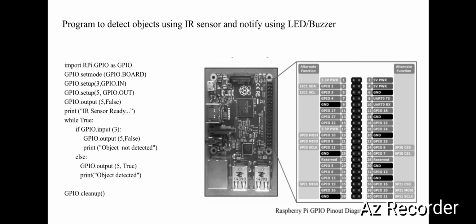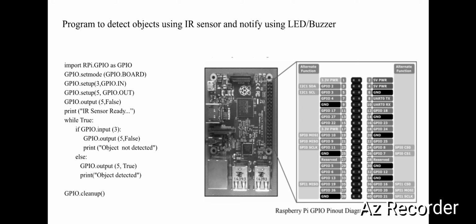That's why we have to check that input. The IR sensor returns either 1 or 0 based on whether there is any object or not. Whenever an object is identified by the IR sensor, it returns 0, and whenever there is no object in front of the IR sensor, it returns 1.